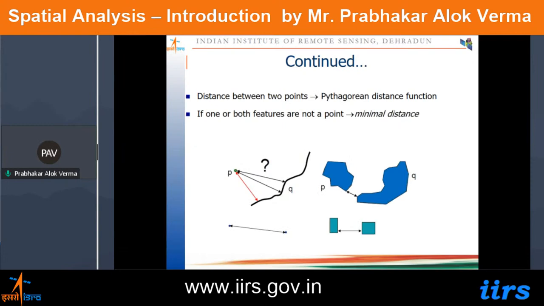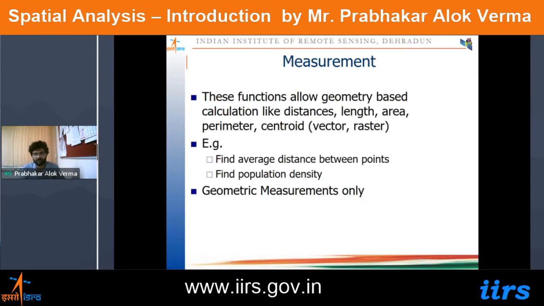So if you are having 2 points, distance is calculated based on the distance formula. Distance formula is simple: square root of (x2 minus x1) square plus (y2 minus y1) square.